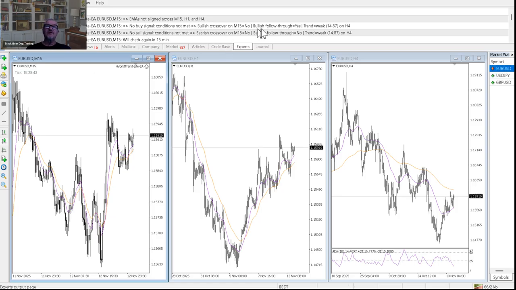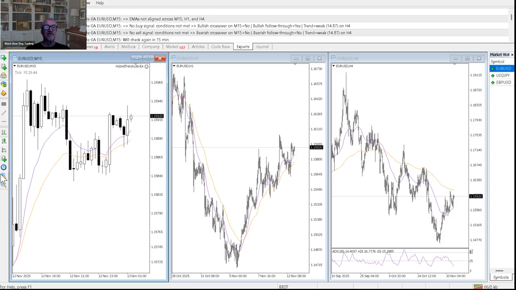So now, let me explain what a bullish follow through set to yes is. Let me enlarge the price a little bit so it's easier to see. There you go.